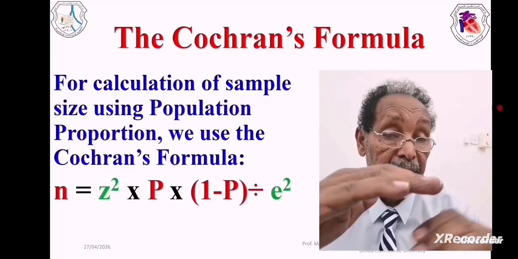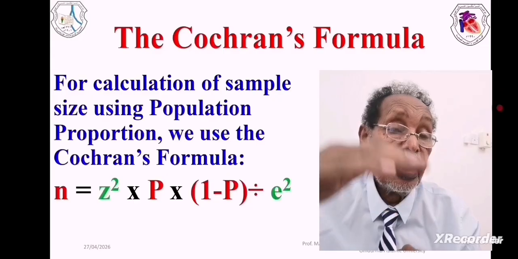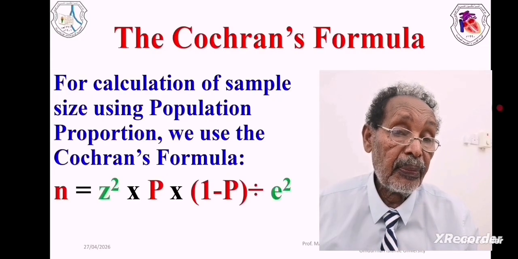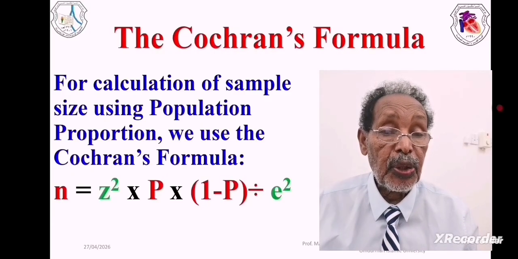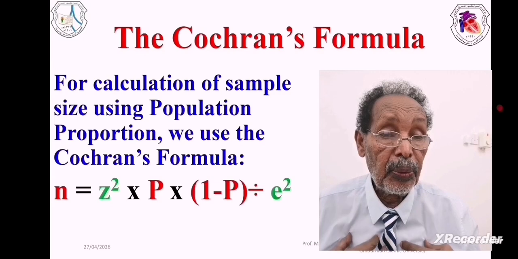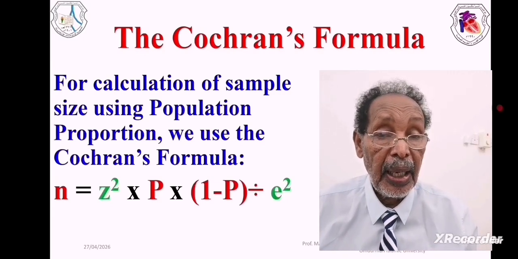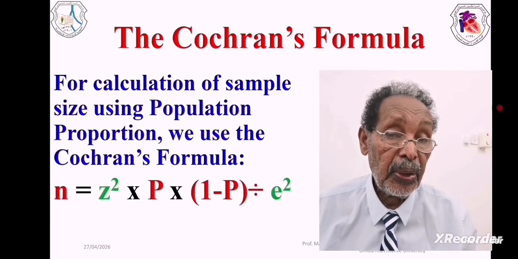And you see in the denominator, if we use a smaller figure, the sample size will be bigger. Now we have two figures: we can choose the margin of error, and we know 1.96 is the Z value.